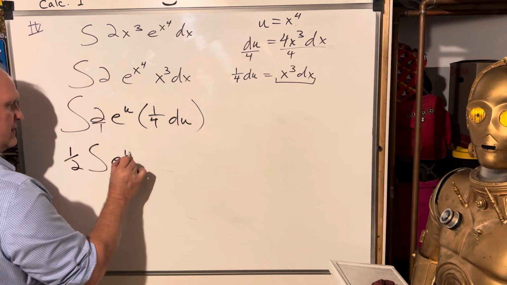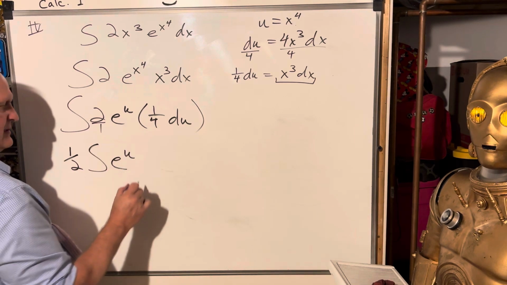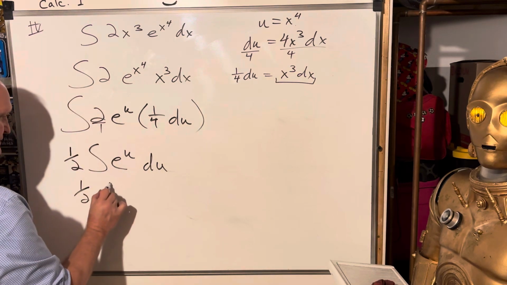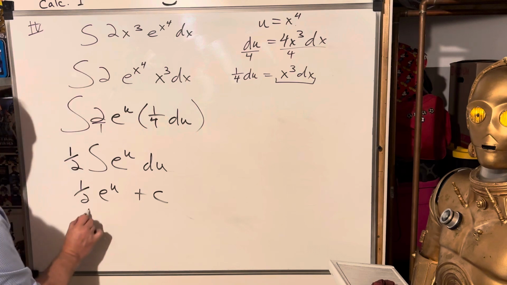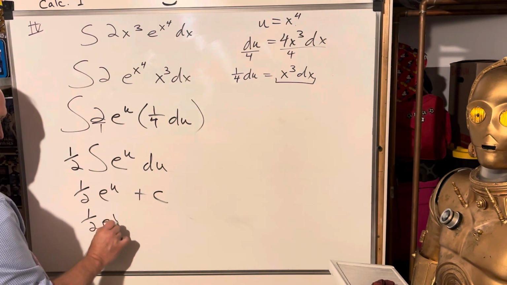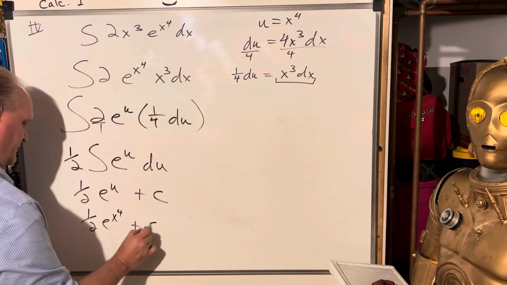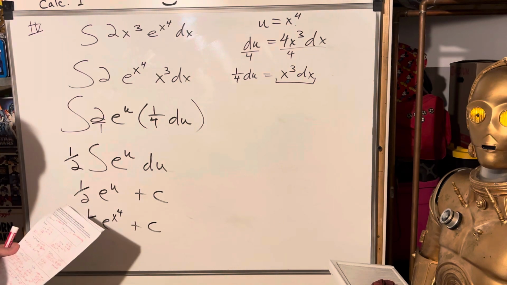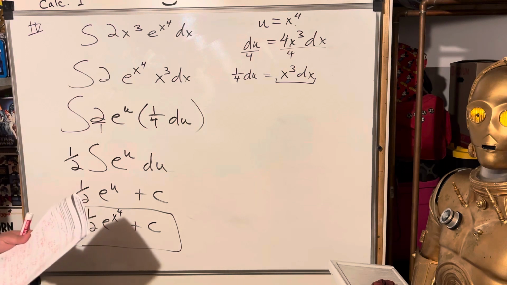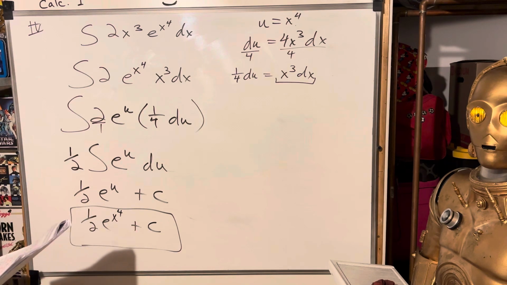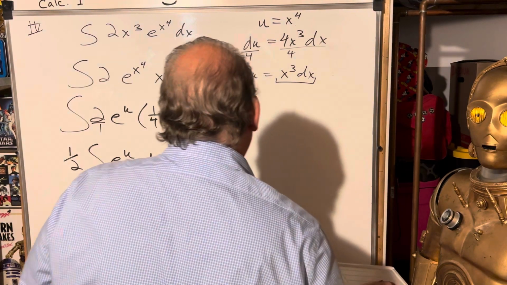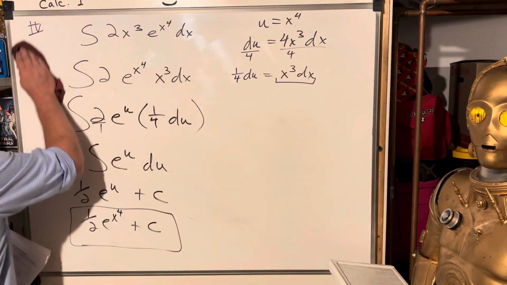And we'll pull that out in front, and then du. And then replace that back with the x to the fourth. And there we are. That's it. And we're done. So yeah, after you do some of these, hopefully you're getting the hang of this and you're seeing it as not that horrible.